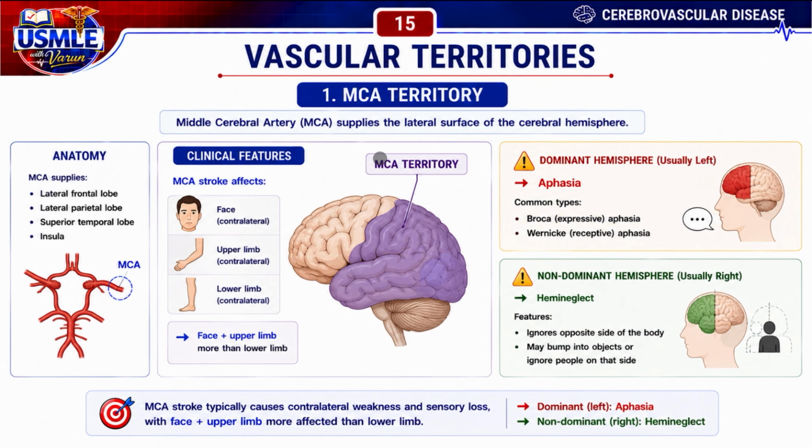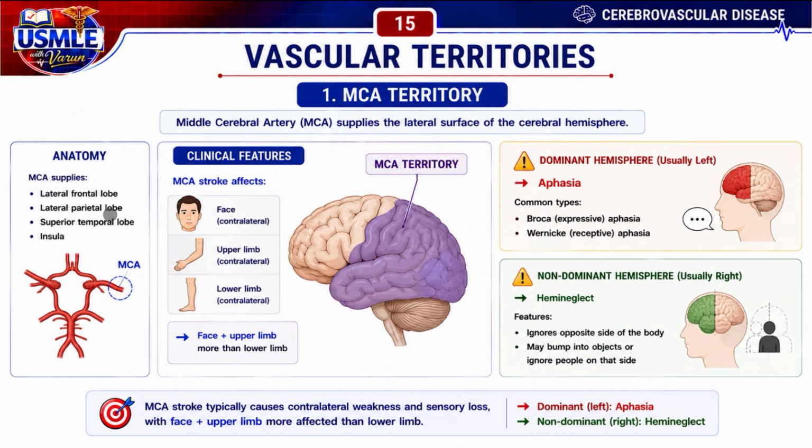Coming to the vascular territories, we need to discuss the different vessels that supply the brain and the nervous system. The first thing that we need to discuss is the MCA territory. The middle cerebral artery supplies the lateral surface of the cerebral hemisphere.